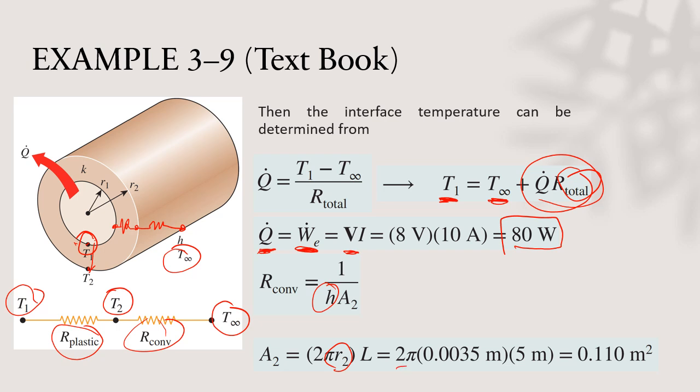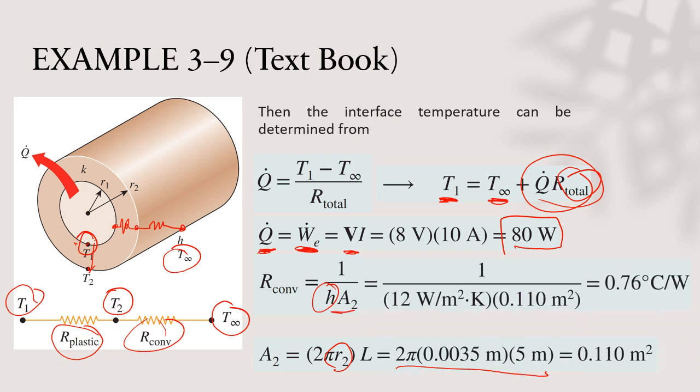Plug in all the values into this equation, and we will get A sub 2 equals 0.110 meter squared. We use this value in this equation, and we will get R convection equal to 0.76 degrees C per watt.